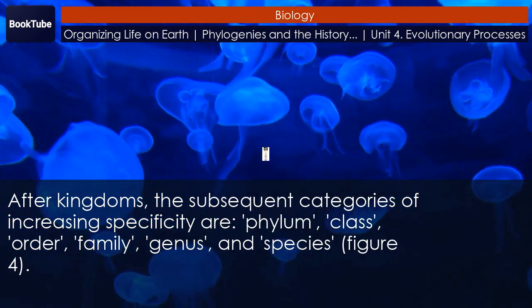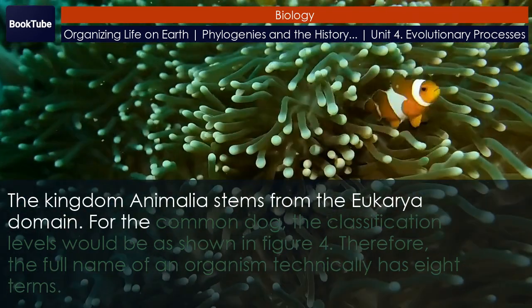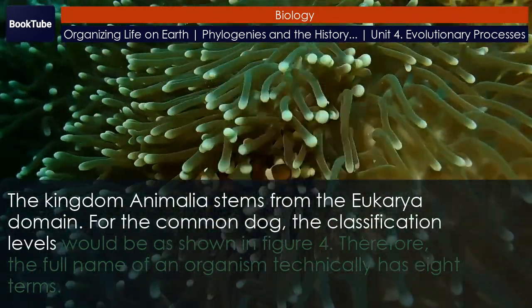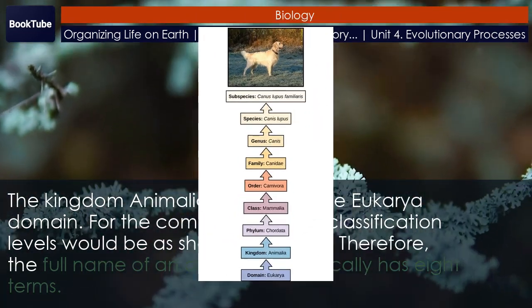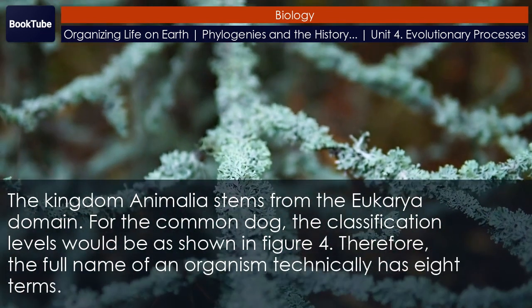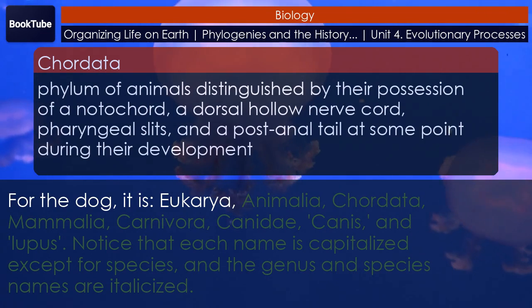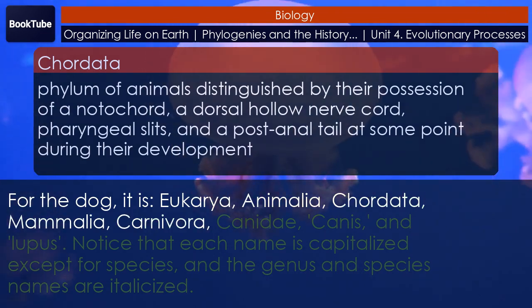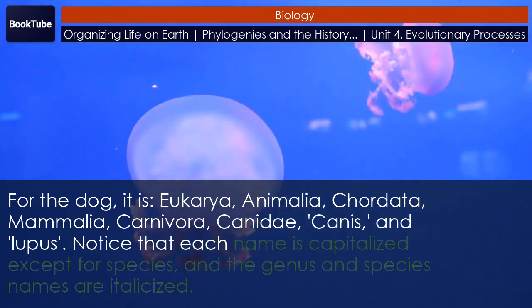Figure 4. The kingdom Animalia stems from the eukarya domain. For the common dog, the classification levels would be as shown in Figure 4. Therefore, the full name of an organism technically has 8 terms. For the dog, it is Eukarya, Animalia, Chordata, Mammalia, Carnivora, Canidae, Canis, and lupus.